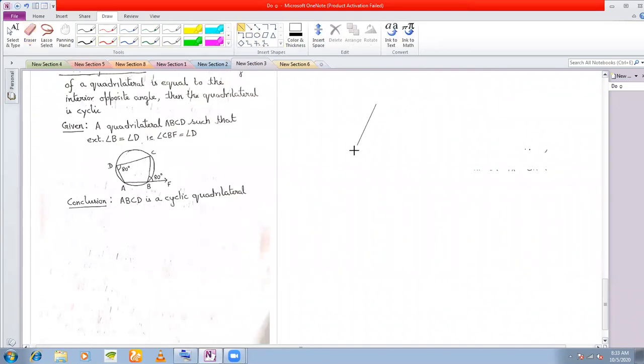Let us say that ABCD is any quadrilateral given to you.